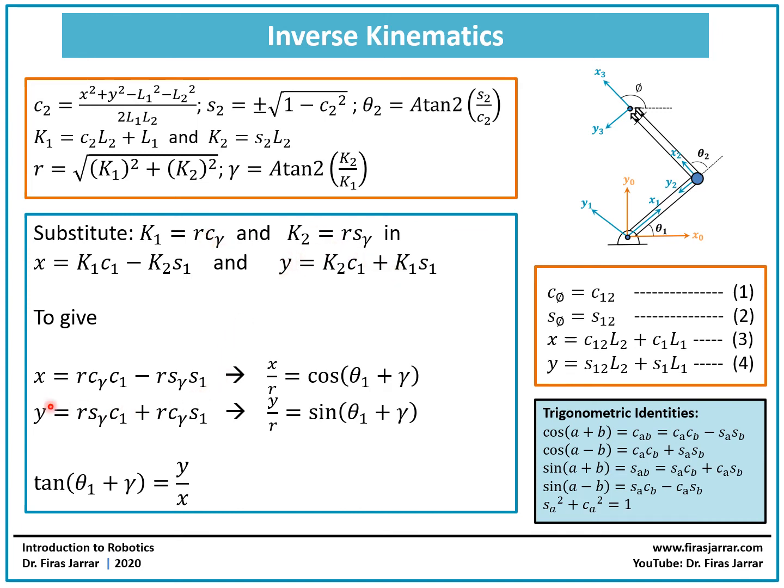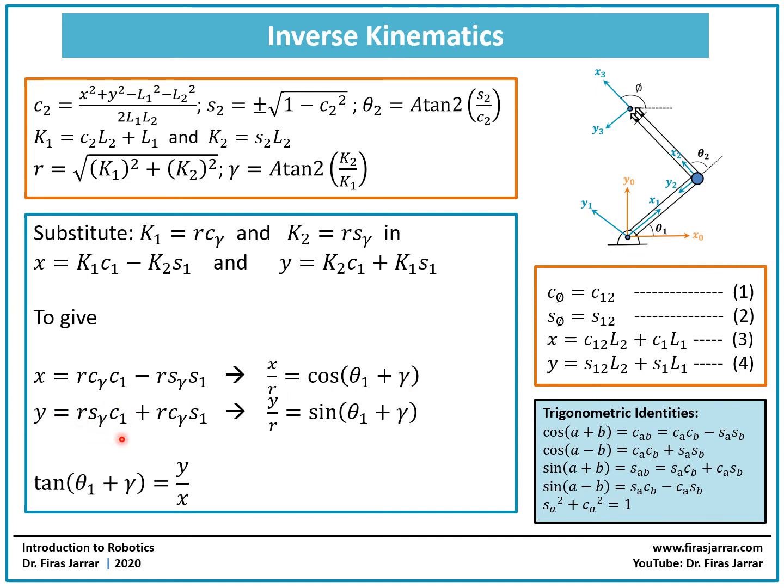This also can be written here. If I divide both equations by r, I need to notice that cosine gamma cosine theta 1 minus sine gamma sine theta 1 corresponds to the first trigonometric identity, cosine cosine minus sine sine. So this is the cosine of the sum of two angles, gamma and theta 1.